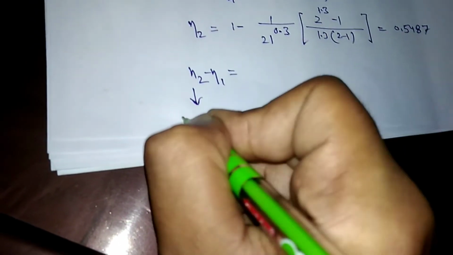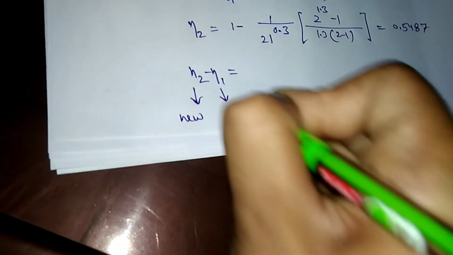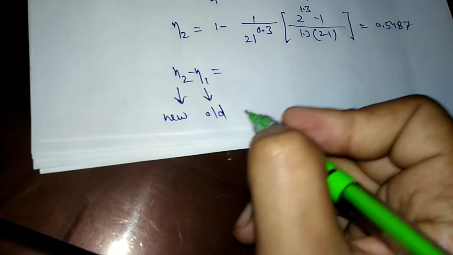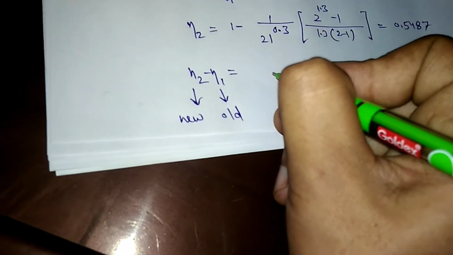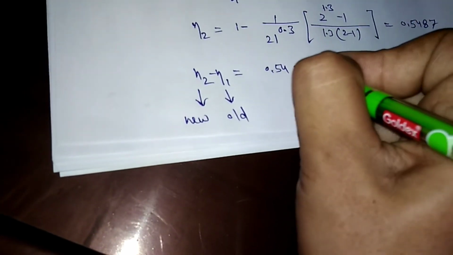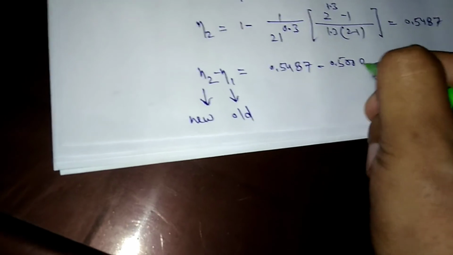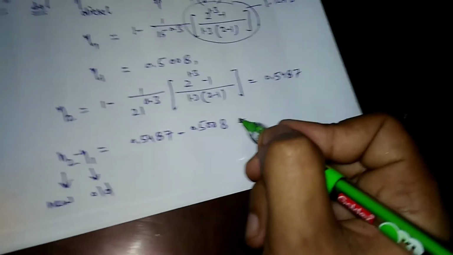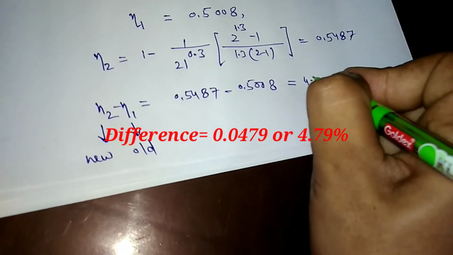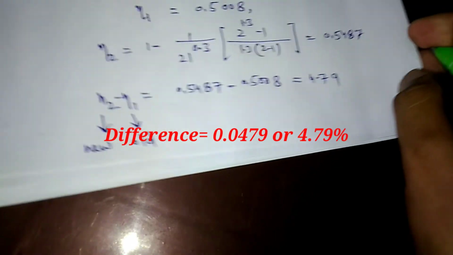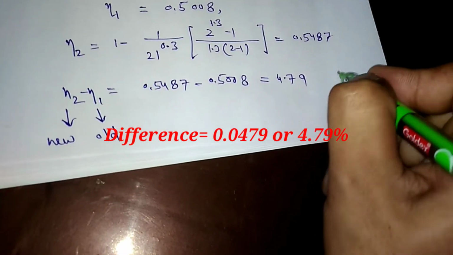Now the difference between the new and old efficiency means eta 2 minus eta 1. Eta 2 is the new efficiency and eta 1 is the old efficiency. So it will be equal to 0.5487 minus 0.5008, and this value will be equal to 4.79, and it will be in percentage.